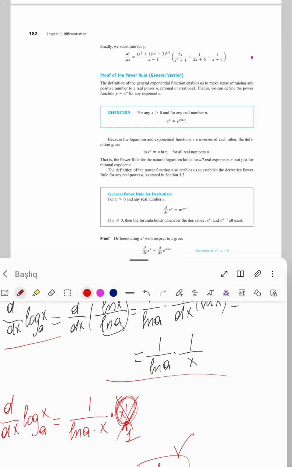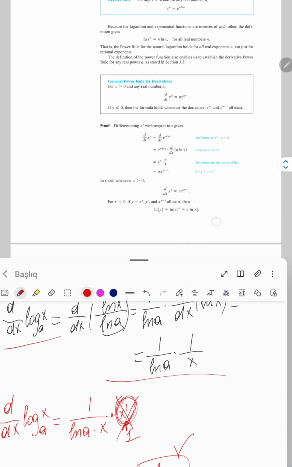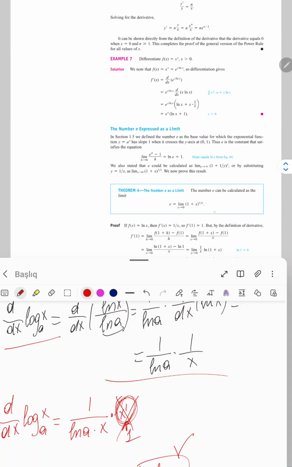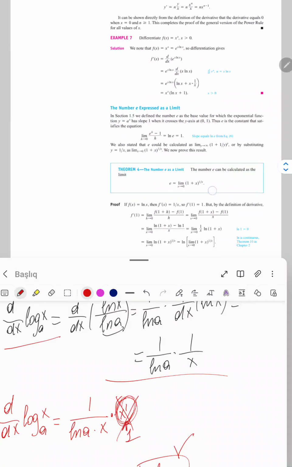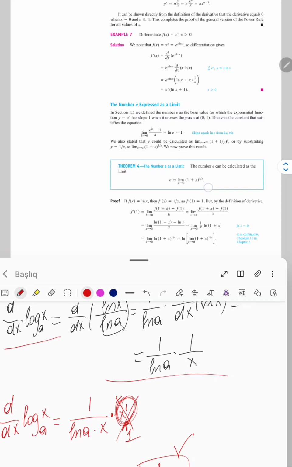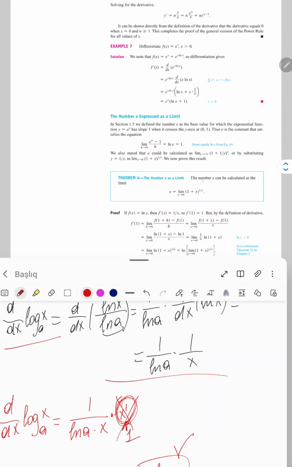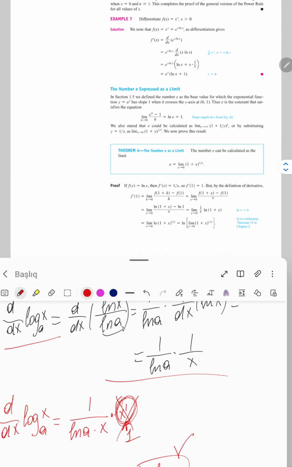What else? Okay, this is a nice part actually.